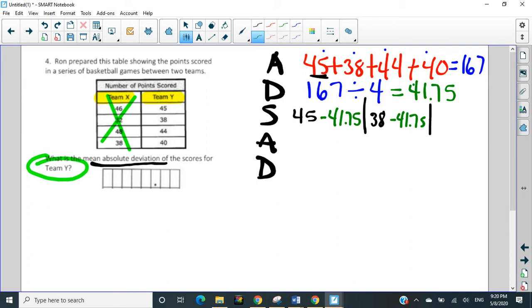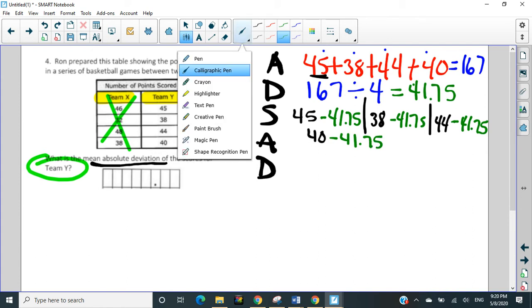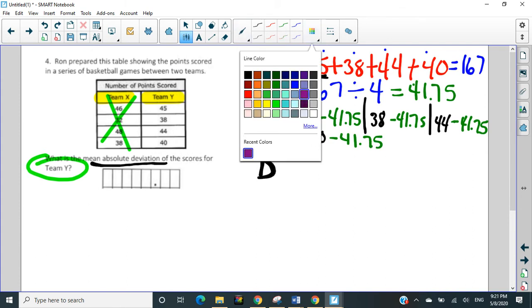Next number, 44 minus 41.75. Okay, I'm missing one more number, 40 minus 41.75. Okay, so now we're going to be adding.